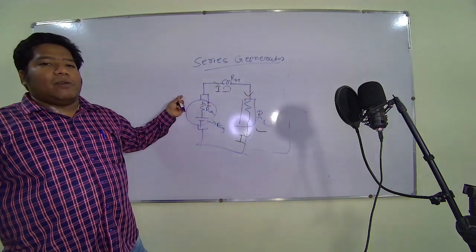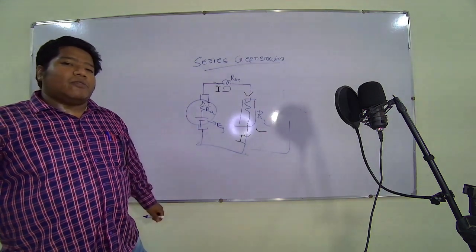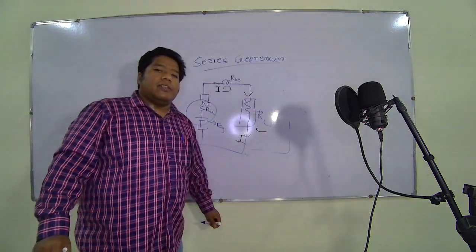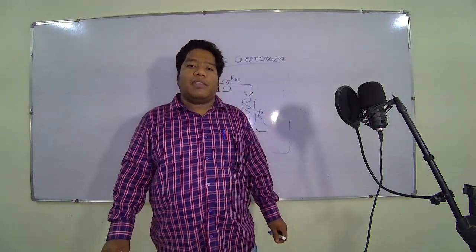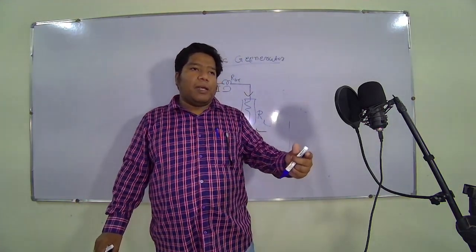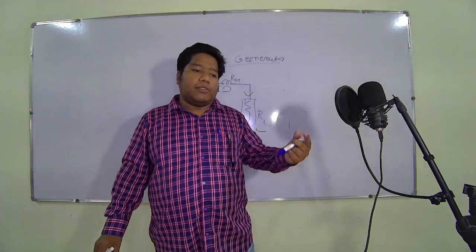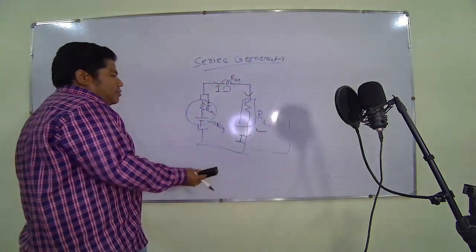So we have studied series generator as well as shunt generator. Now we will study compound generator. Why is it known as compound generator? Because compound means it is a combination of both series as well as shunt. So it combines both the effects of series as well as shunt. So it has two windings, one is series, one is shunt.